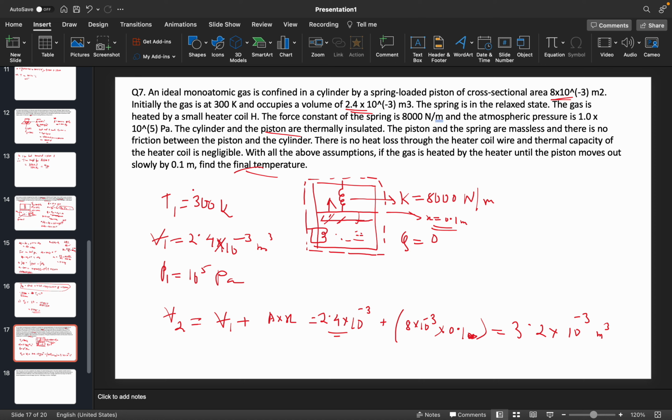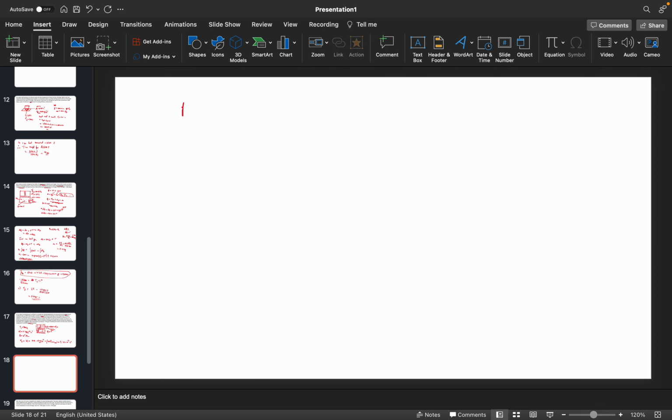What we should find is the final temperature. So it is indicating to us that if somehow we know the final pressure, then we will be able to calculate the final temperature. Why? Because we know the ideal gas equation PV is equal to nRT.